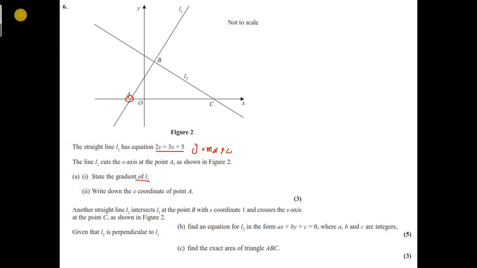So you can rewrite the L1 equation as y is equal to 3 by 2 x plus 5 by 2. That means the coefficient of x gives you the gradient of the line L1. So you can say that the gradient of L1 is m1, which is equal to 3 by 2.